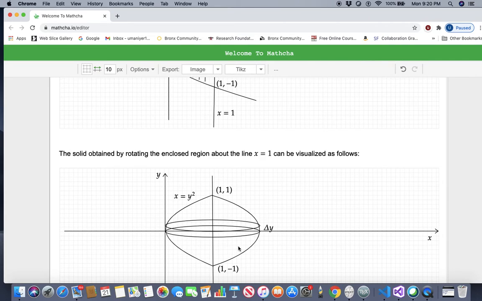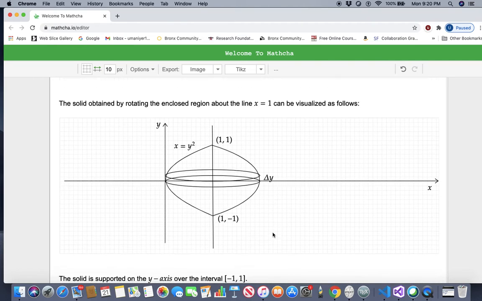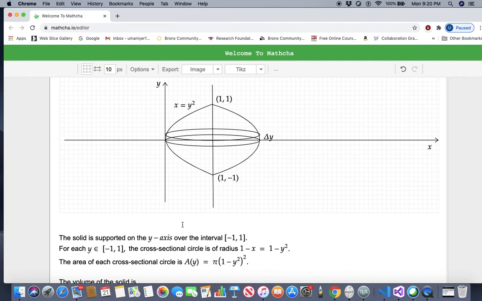Notice, because we rotated about a vertical line, all our cross sections and slices are going to be horizontal. So this solid is supported on the y-axis from -1 to +1.